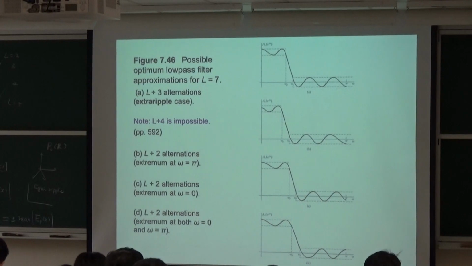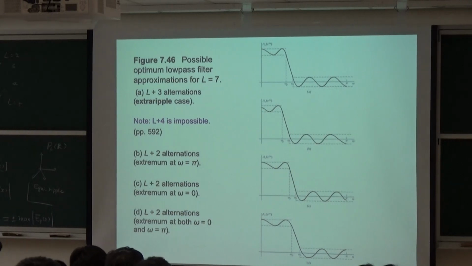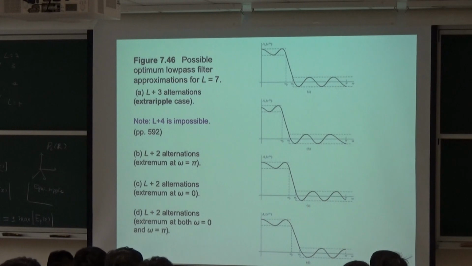That leads to a kind of hard question to answer. When do we have an extremum at Nyquist? When do we have an extremum at DC? And when do we have an extremum at both frequencies? That's a hard question to answer.